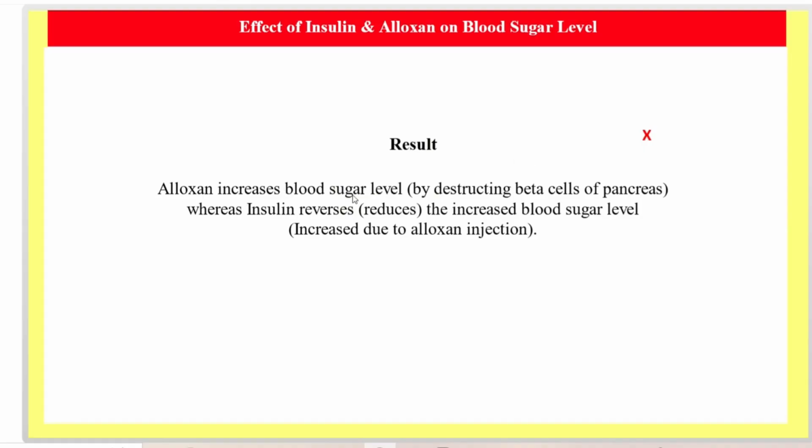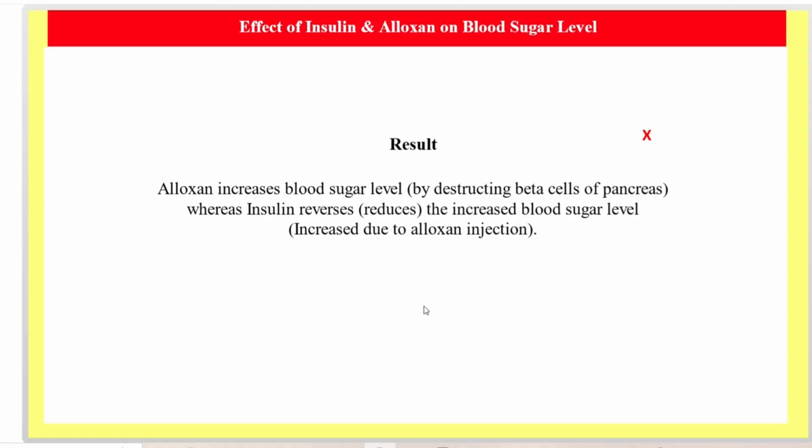Alloxan increased blood sugar level by destroying beta cells of the pancreas, whereas insulin reduces the blood glucose level increased due to the Alloxan injection. So this was the result we have seen in this experiment.